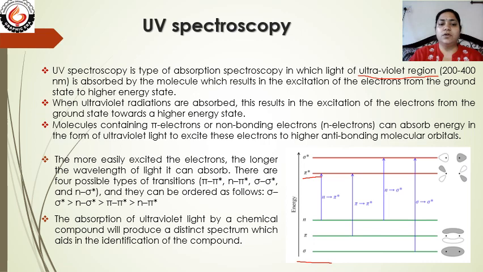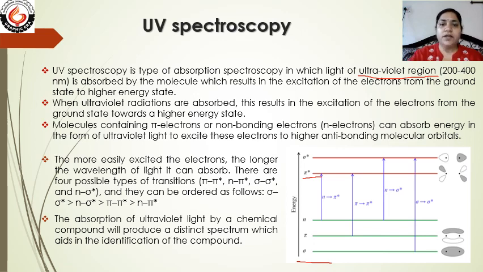So by the absorption of ultraviolet light, a chemical species will produce a distinct spectrum. A spectrum is a type of graph in which different peaks are given. The peaks represent the values of wavelength at which the compound is able to absorb light, and by absorbing that light, it is excited from a lower energy level to a higher energy level, from the ground state to the excited state.